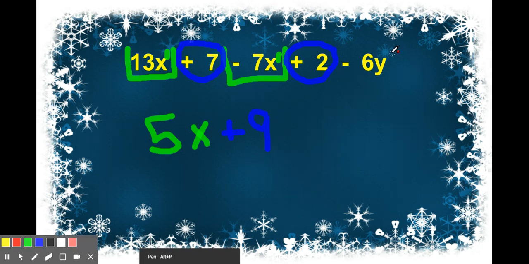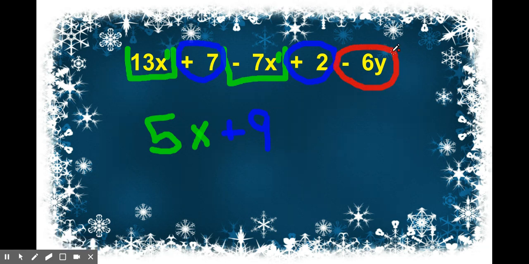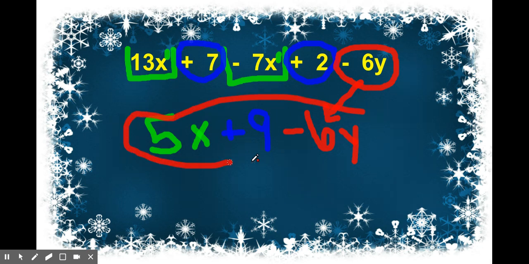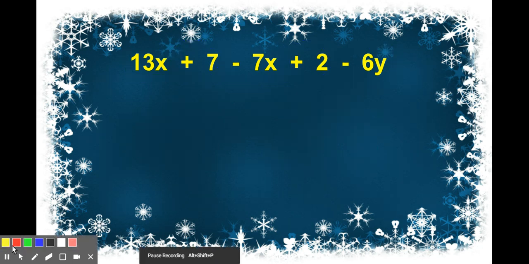Then I look at my last term. I have a negative 6y. I have nothing to combine this with. So I just bring it straight down, and I have negative 6y. This is my simplified expression, 5x plus 9 minus 6y.